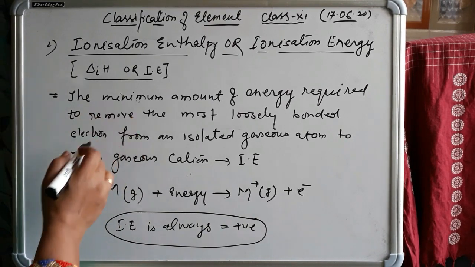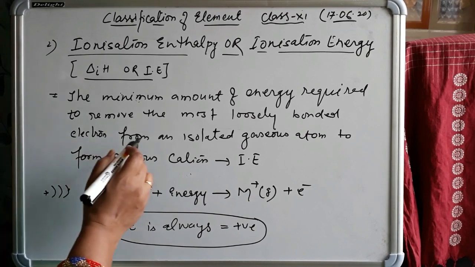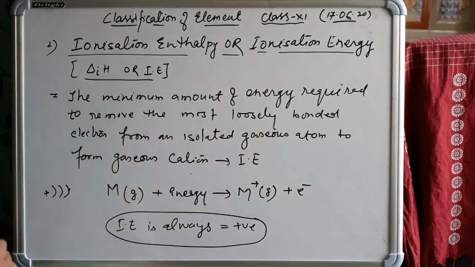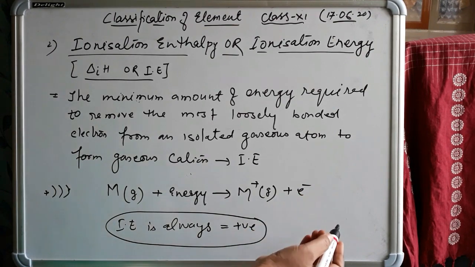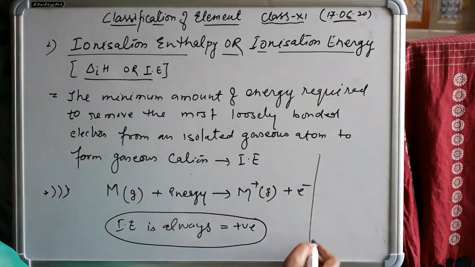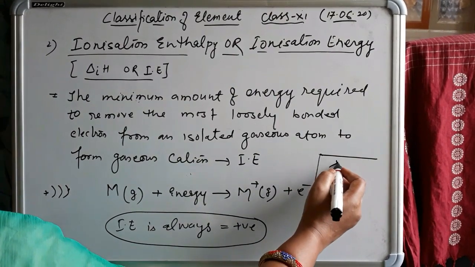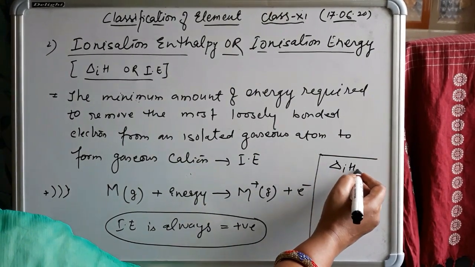So the minimum amount of energy required to remove the most loosely bonded electron from an isolated gaseous atom to form a gaseous cation is called the ionization enthalpy, or ionization energy. When one electron is removed, it is called the first ionization enthalpy.